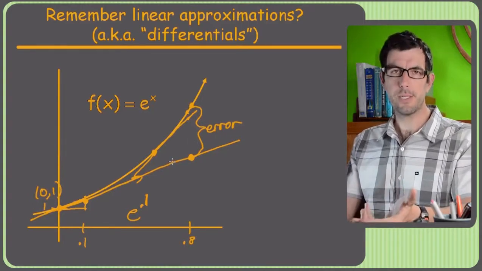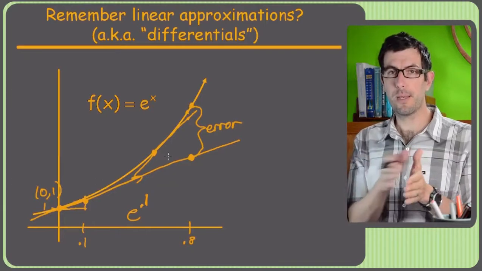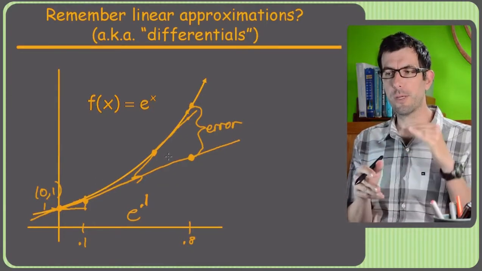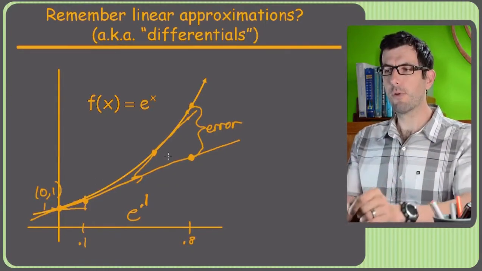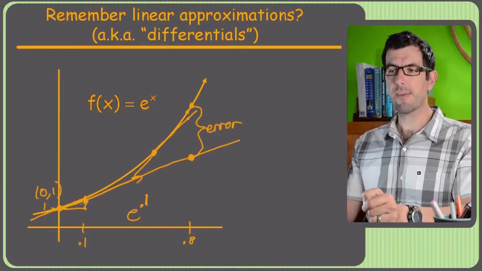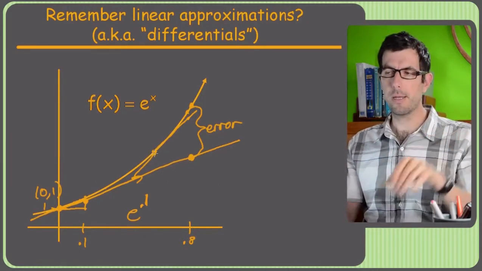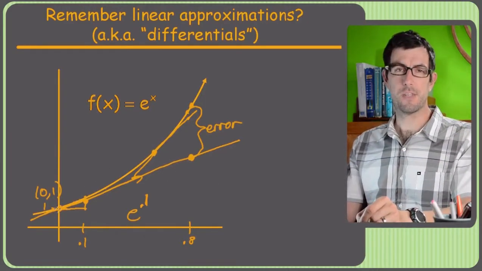So linear approximations kind of suck a little bit, because unless you're really close to the point that you took the approximation at, where you started the tangent line, they get really bad really fast. So wouldn't it be great if instead of a linear approximation, which is just a tangent line that we sort of pretend is pretty good, we had something that curved a little bit?